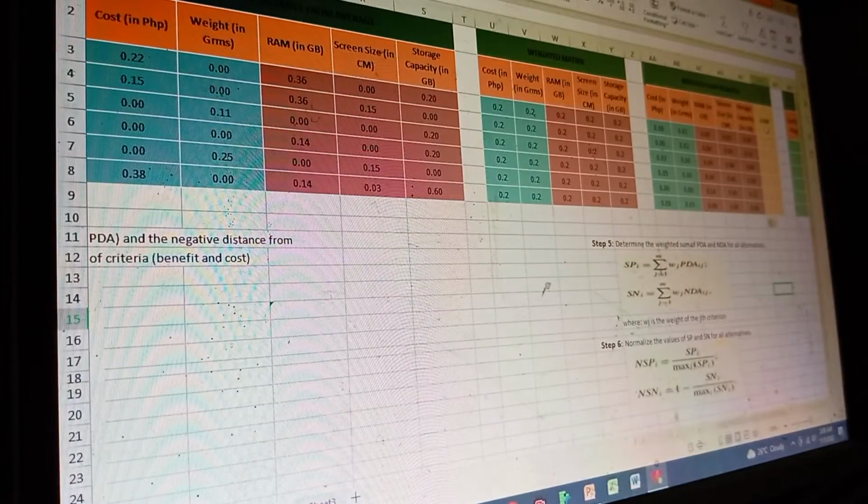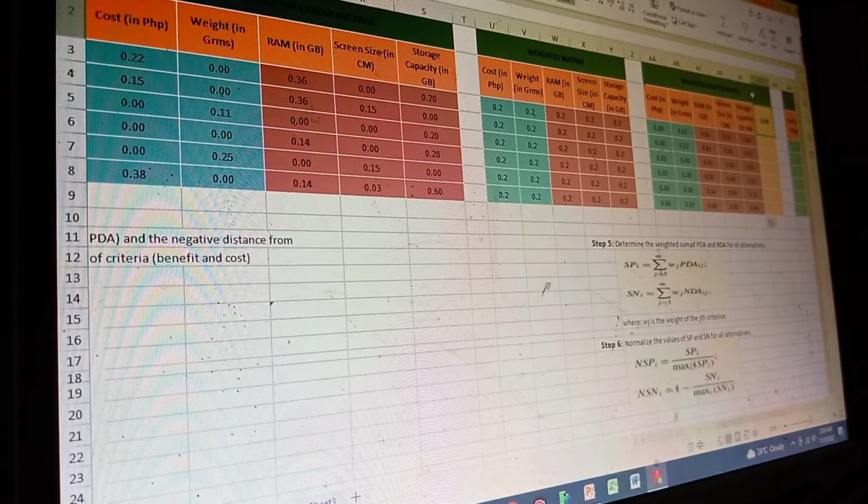We also need to have the sum of this weighted PDA. Oh no, sorry.